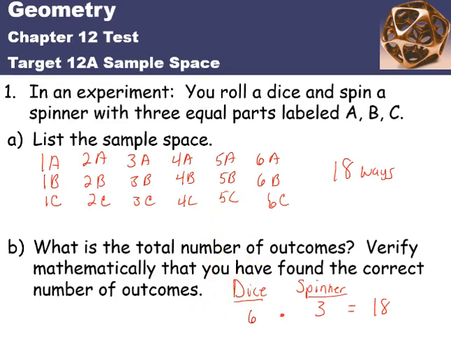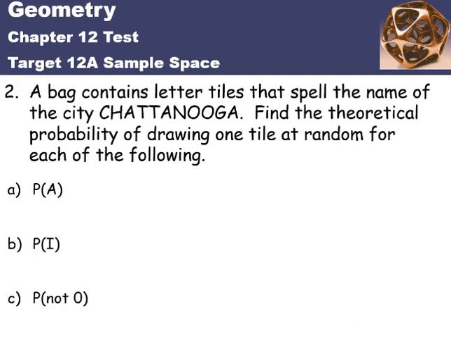Okay? Number 2. A bag contains the letters that spell out the name of the city, Chattanooga. Find the theoretical probability of drawing one tile at random for each of the following.